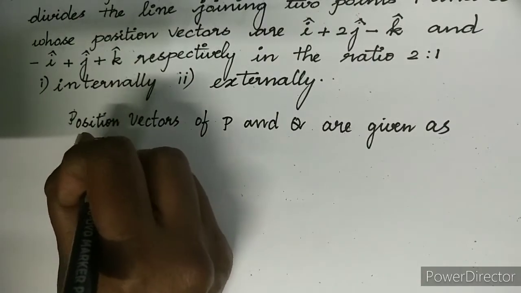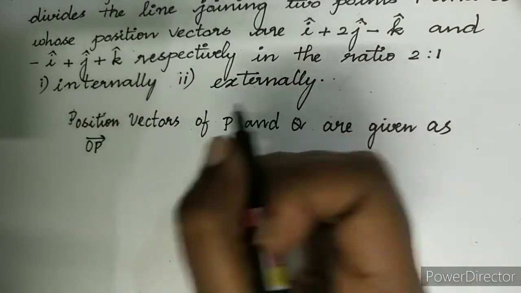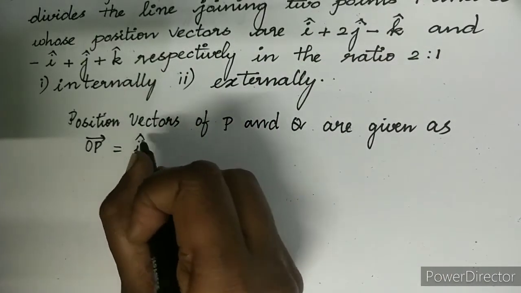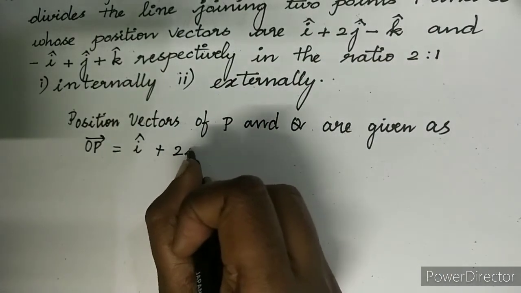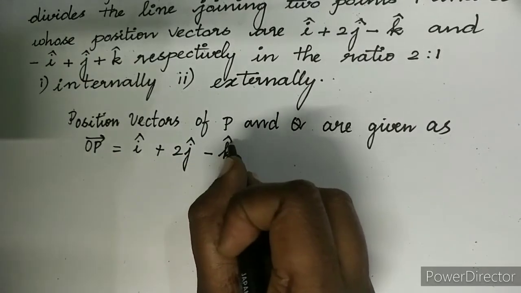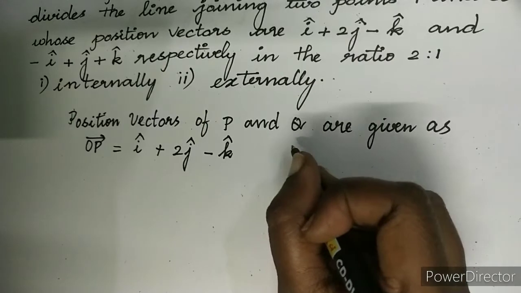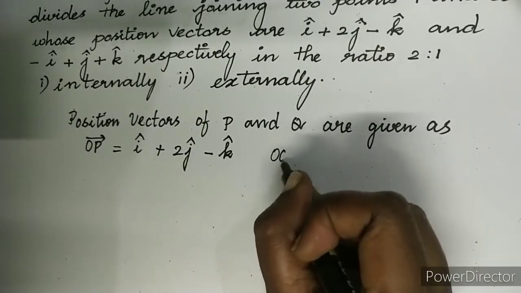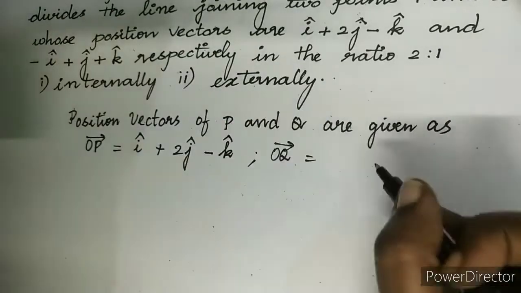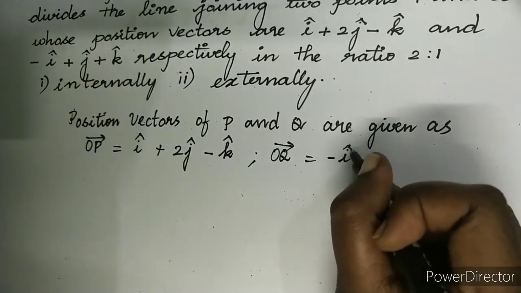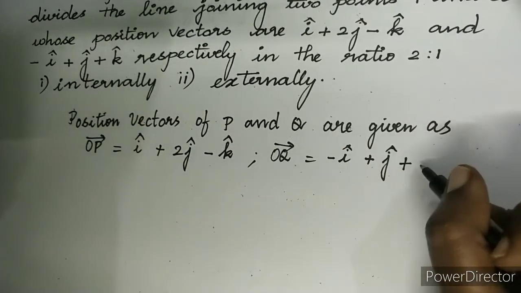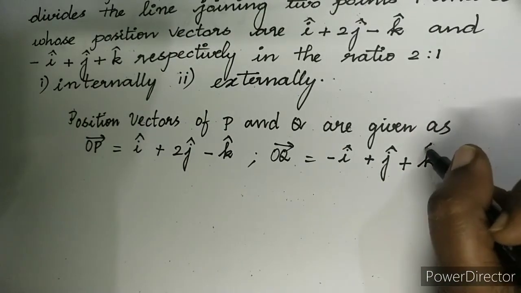OP vector is equal to i cap plus 2j cap minus k cap, and our OQ will be minus i cap plus j cap plus k cap.